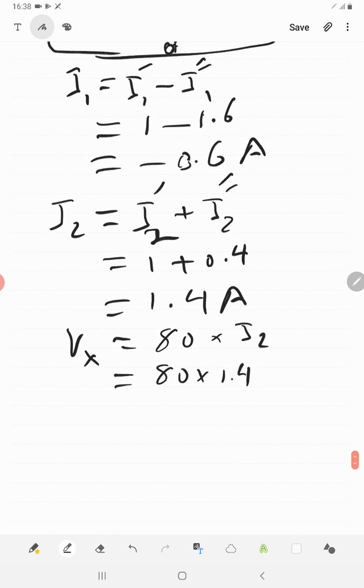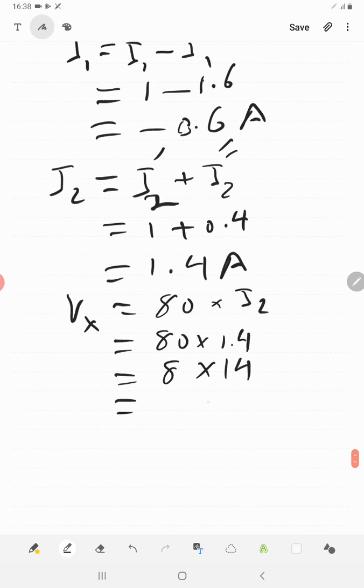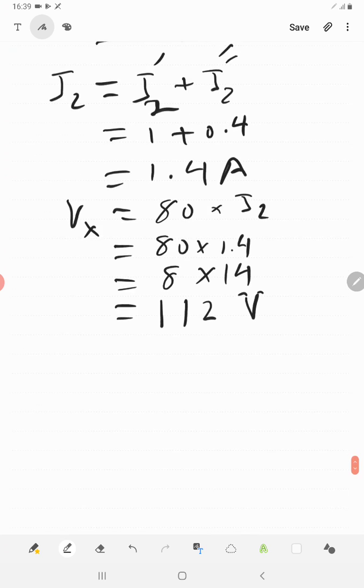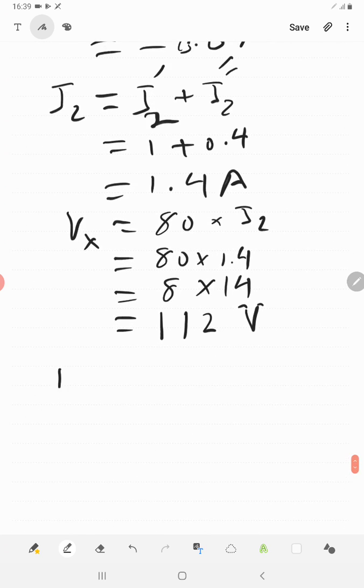So it is 8 times 14, so 8 times 4 is 32, 8 times 1 is 8, and 3 is 11, so it will be 112 volts. Now we can calculate what is the power P1 supplied by the voltage source.